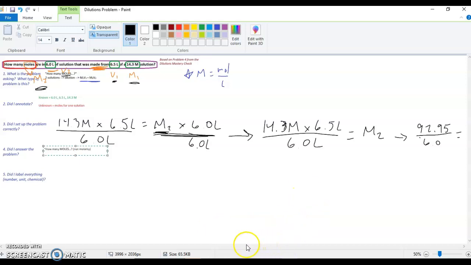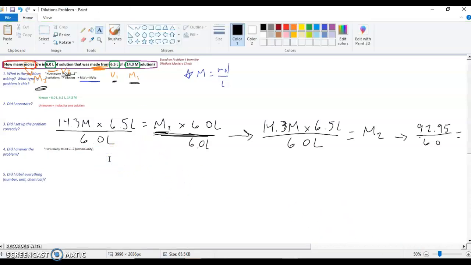So my next step is to convert from molarity to moles. And I will actually write that.